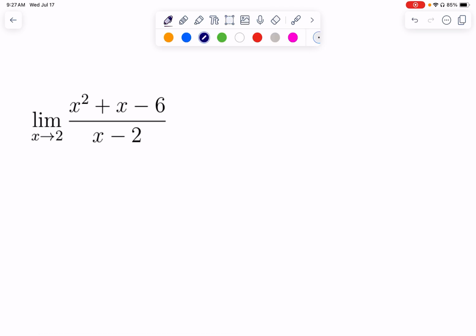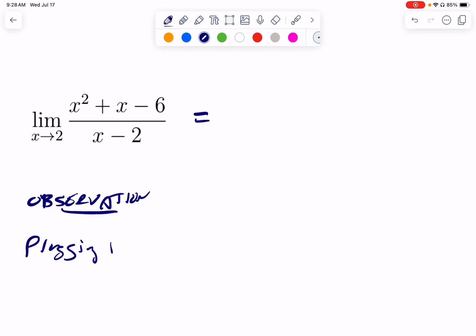So we'll just observe, right? Observation. Plugging in gives 0 over 0. We're dealing with a case where the function is undefined at 2, but there's probably a limit we can think about when x is close to 2.